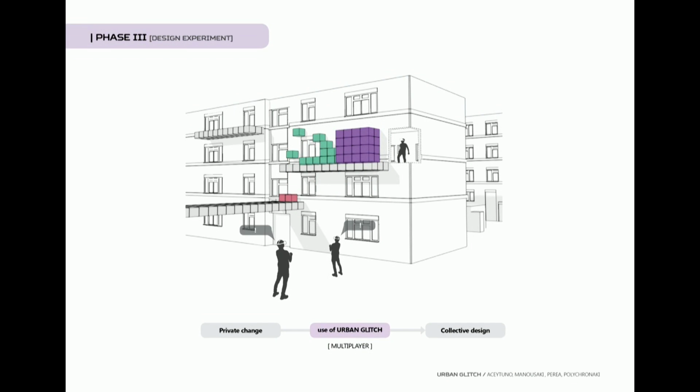So we wanted to test this, seeking to design a collective proposal, which is derived from a private change that, thanks to the Urban Glitch tool, we were able to define using more than one person's input.